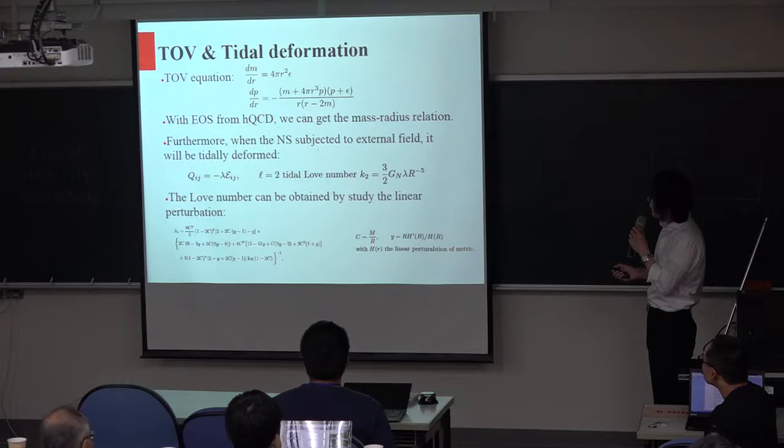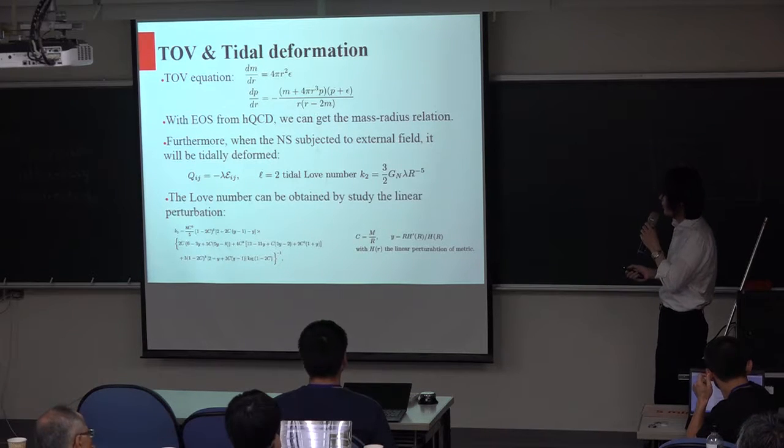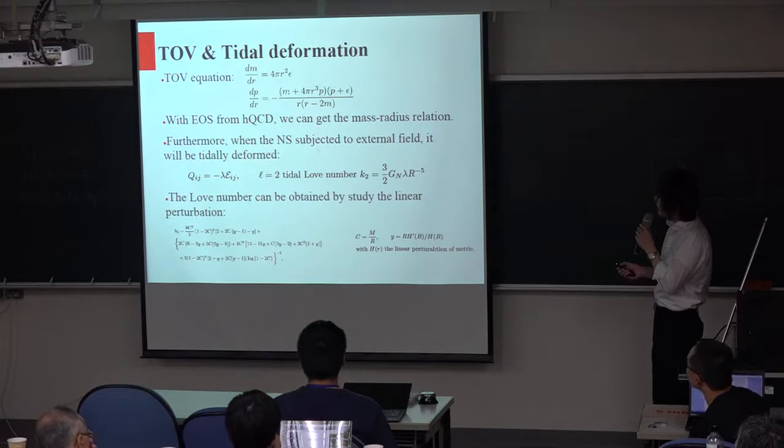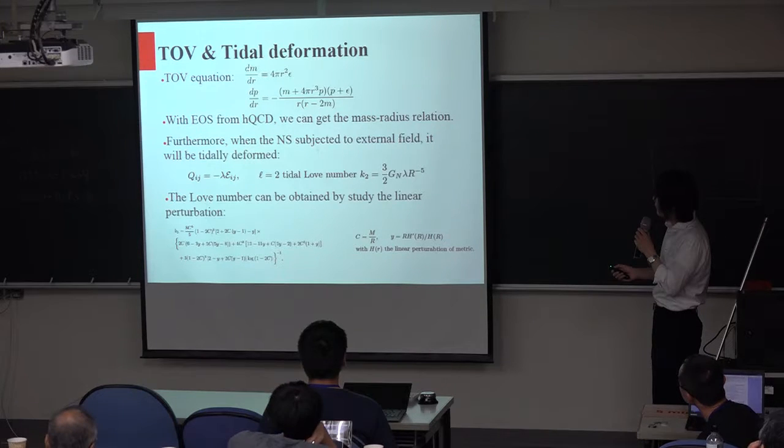Since we now have these equations of state, we could put them inside the TOV equation. The TOV equation actually has three equations, but now we just need two of them to determine the relation between mass and radius, and also pressure and everything.